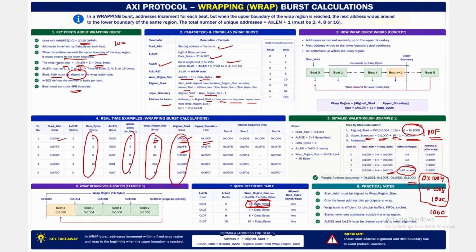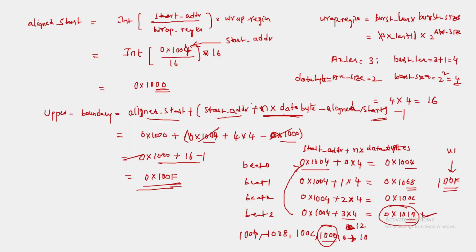And then here also 1ff8, and the wrapping region is 8, so 1ff8 plus 8 minus 1. Plus 8 means 16, 16 minus 1 means 15, then 1fff. In that way we will calculate the upper boundary. Based on that upper boundary and lower boundary, if it is reaching, then we will calculate the next beat addresses. If it is crossing, it is again wrapping around to the start address. Clear?